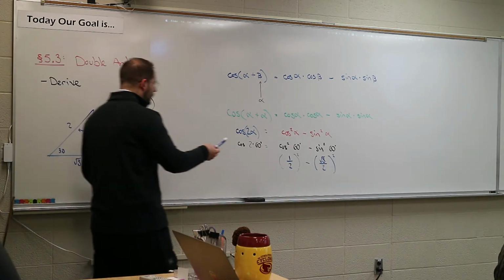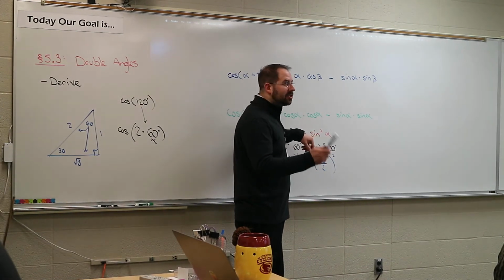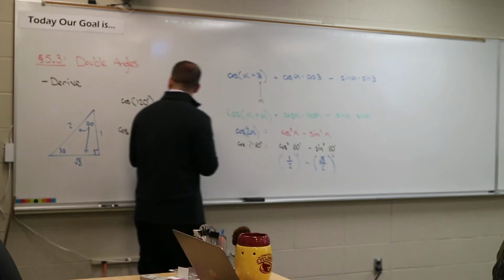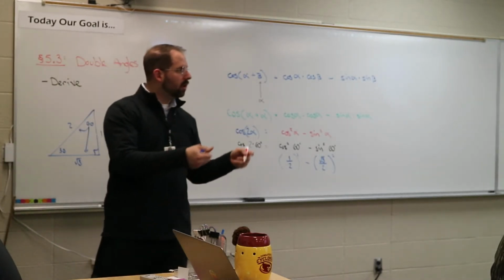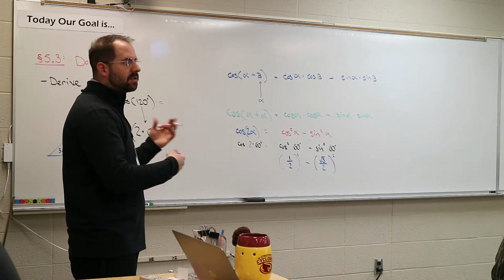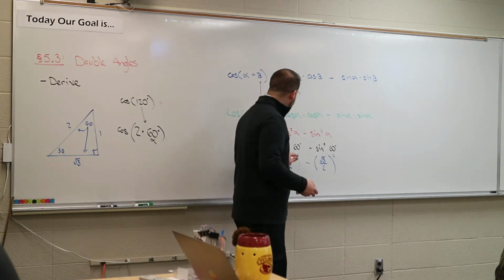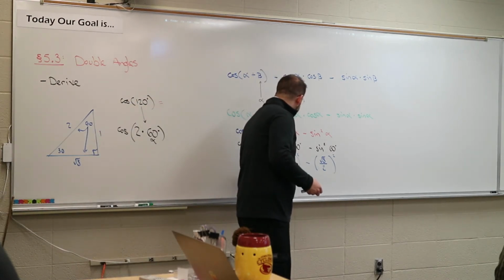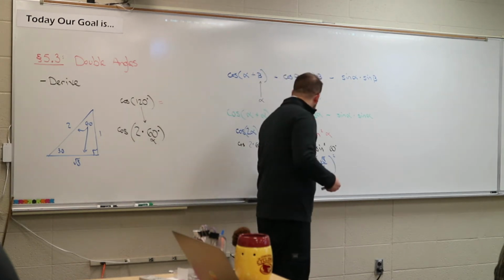When we simplify this, it will give me my answer for the cosine of 120 without having to go to the unit circle or using a reference angle in that second quadrant. So 1/2 squared is 1/4 because you square the top and bottom numbers. When you square root 3 over 2, you get 3 over 4.